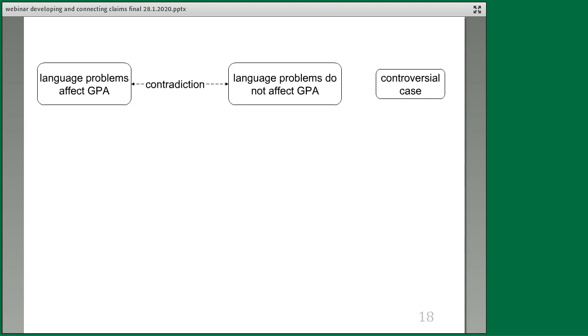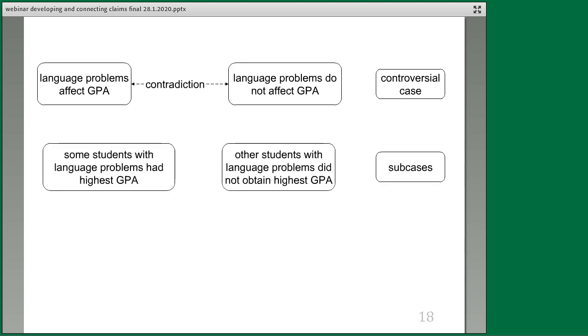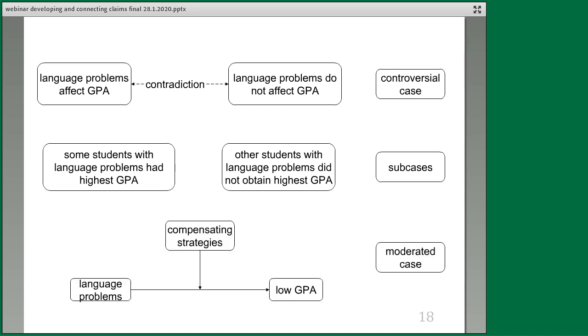So here we have a contradiction. Then we have our subcases, namely we have some students with language problems who had the highest GPA and other students with language problems who did not obtain the highest GPA possible. And in the end, we have the moderated case, we have the explanation.